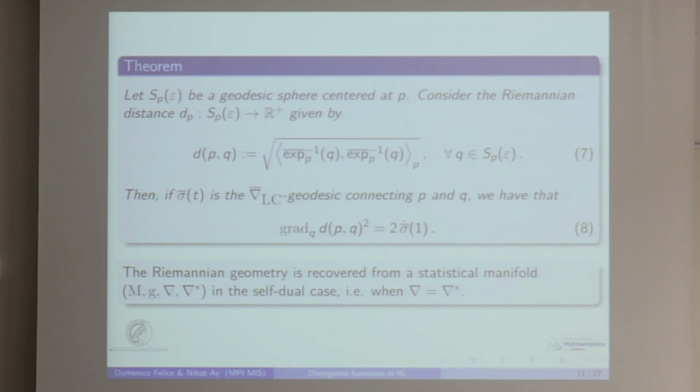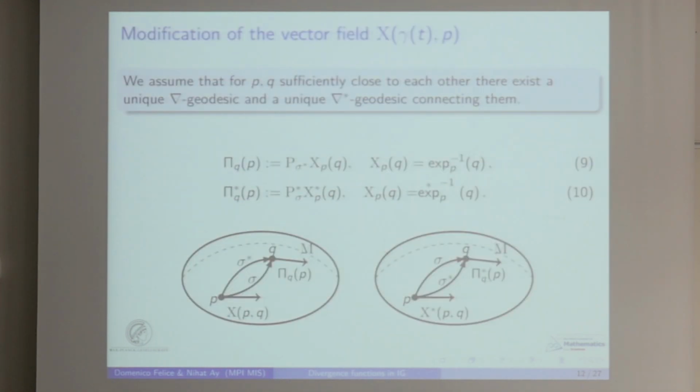The extension to a Riemannian manifold of this celebrated work given by Gauss relies on the definition of 2 new vectors. This can be considered as a modification of the difference vector introduced by Ay and Amari. Let us see with the help of this figure how we construct these 2 vectors, pi and pi star.